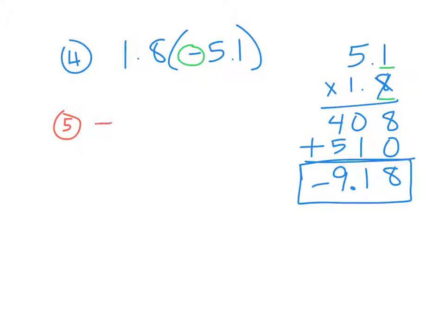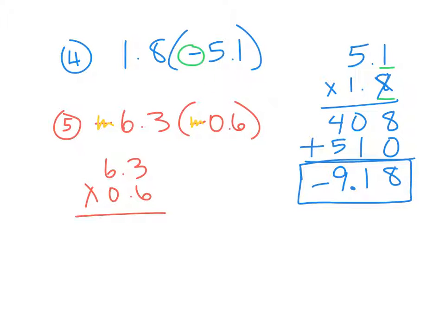All right, number 5 is negative 6.3 times negative 0.6. Negative times a negative is a? Positive. So I know my answer is going to be positive. I can pretty much ignore these two negative signs. So I can just do 6.3 times 0.6. 6 times 3 is? 18.